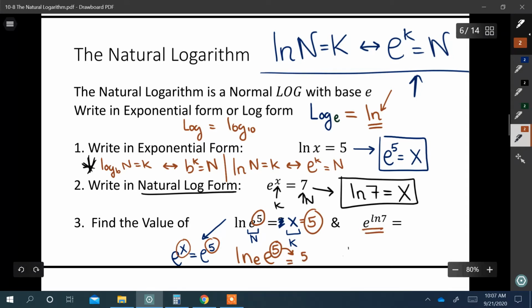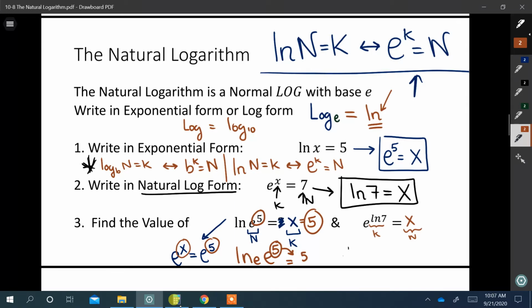This is also inverse of each other. So what you're going to get in this one is, if we translate this using our definition, this right here will be your k, and this right here will be your n. Let's try to figure out what x is.